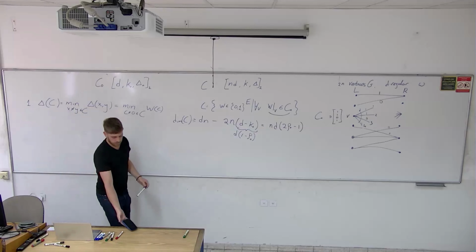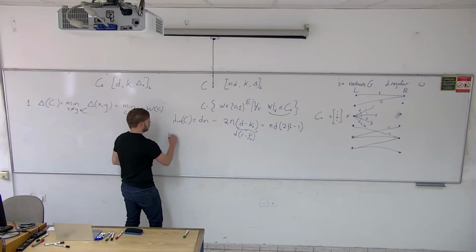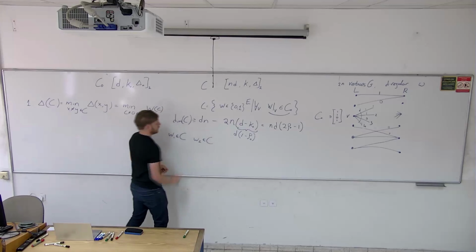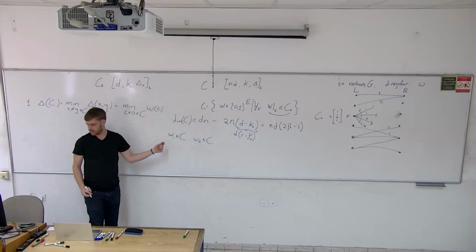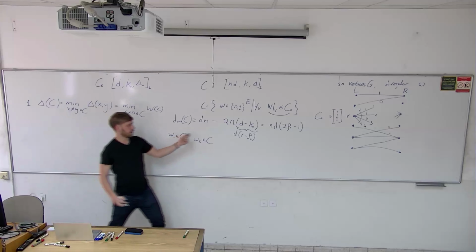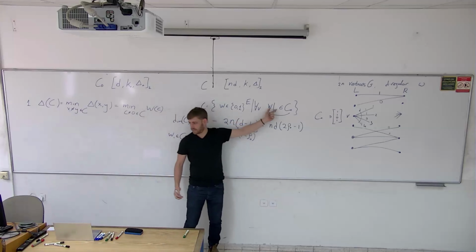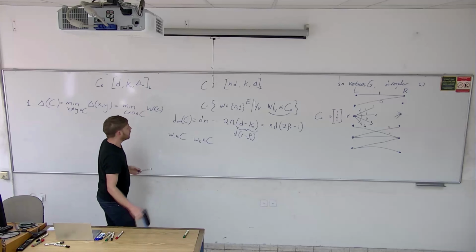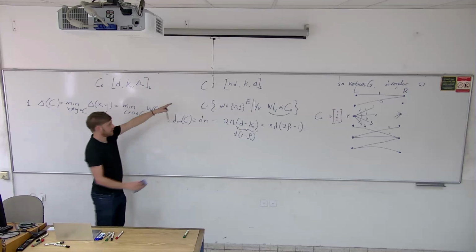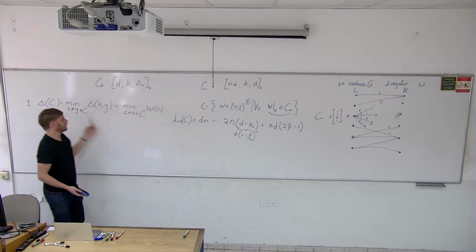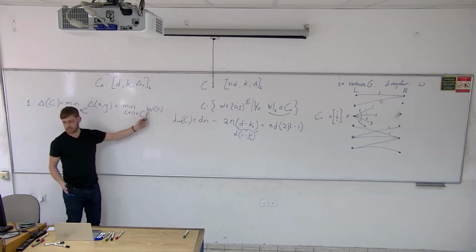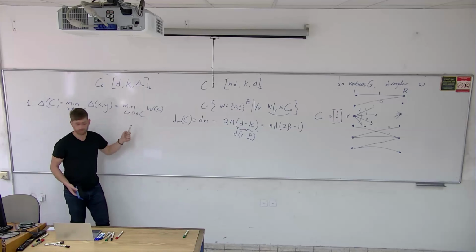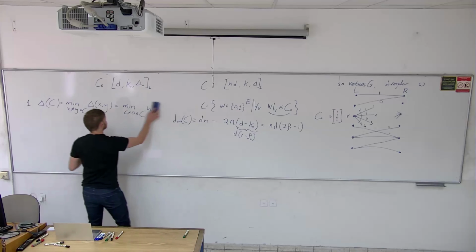If W1 and W2 are in C, why would the addition be in C? Because the constraints are linear, right? I should have said it before. So since C is a linear code, it suffices to analyze its lightest code word in order to determine its distance. So let's do it.